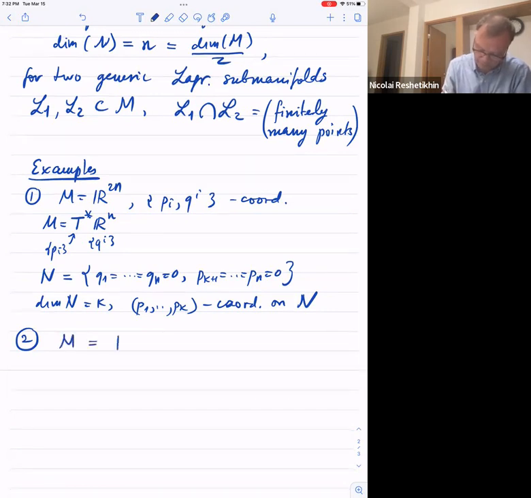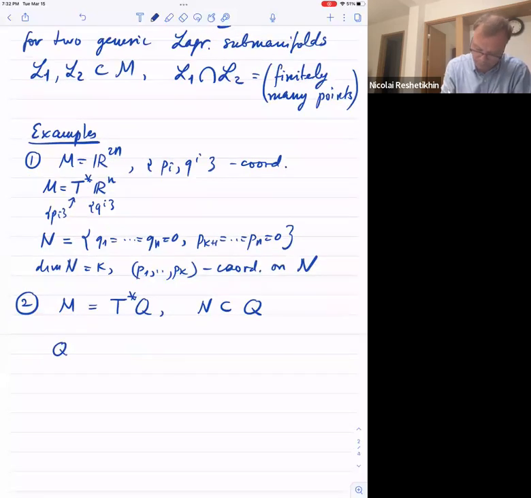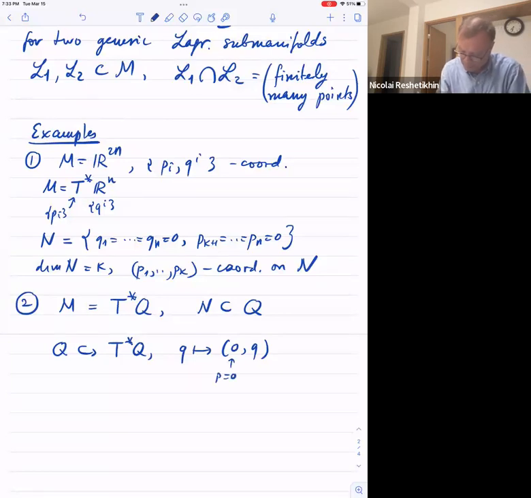So then the second example is more interesting. So let's consider the cotangent bundle to Q, and let's assume that N is a submanifold in Q. So Q itself is a submanifold in T star Q via the mapping q goes to (0, q). This 0 is p equals 0. This is called a zero section submanifold.